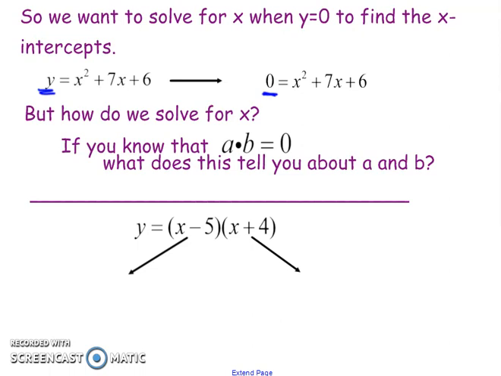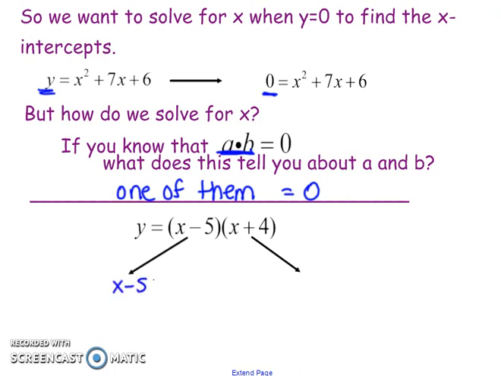How do we solve for x? Well, think abstractly for a moment. If you have a times b, and that equals 0, what does that tell you about a and b? What do we know about a and b if when we multiply them, it gives us 0? It means that one of them has to equal 0. So if I have x minus 5 and x plus 4, one of those has to be 0 in order for my y to be 0.